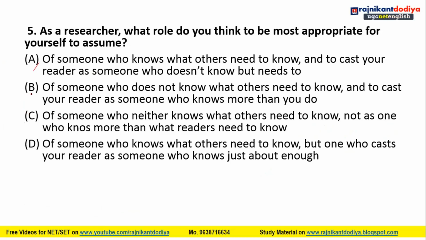Then the second one is of someone who does not know what others need to know, and to cast your reader as someone who knows more than you do. Then in C, of someone who neither knows what others need to know, nor as one who knows more than what readers need to know. And in D, of someone who knows what others need to know, but who casts your reader as someone who knows just about enough.